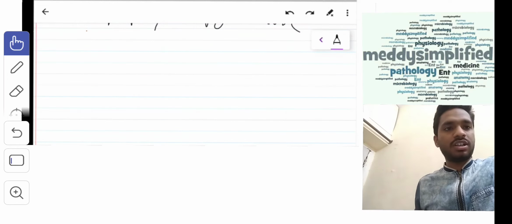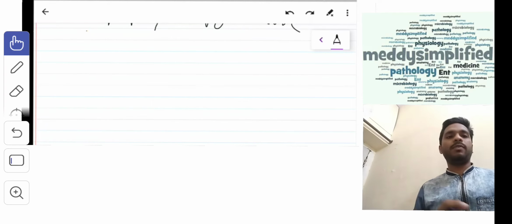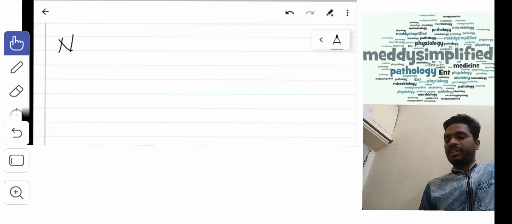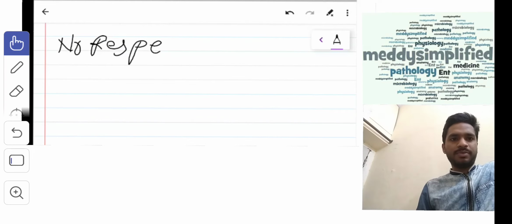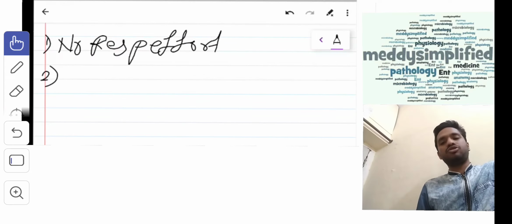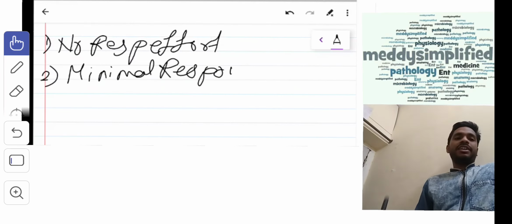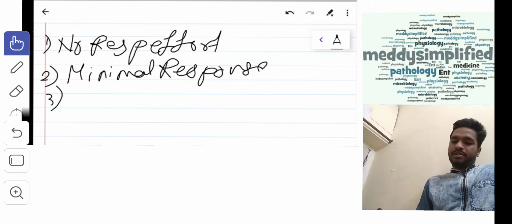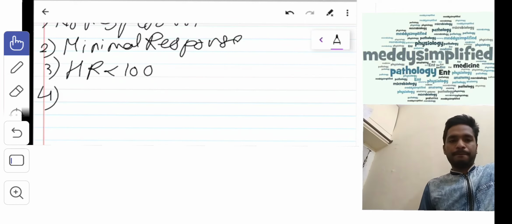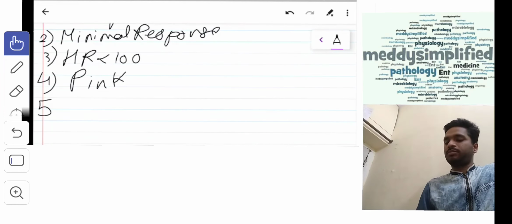Now let's take a question to check whether what we have done till now was worth it. Suppose the baby has no respiratory efforts, is giving minimal response to stimuli, that is grimace is minimal response, heart rate is less than 100 beats per minute, and the baby is completely pink with extended limbs.